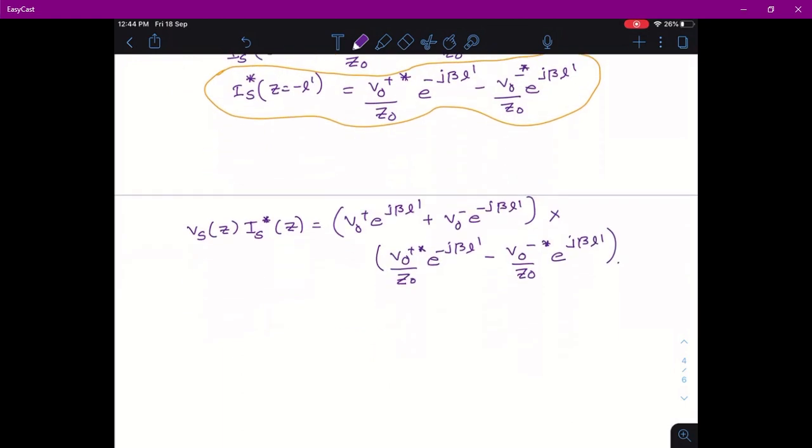Now, let us multiply each term, or let us make it simpler.